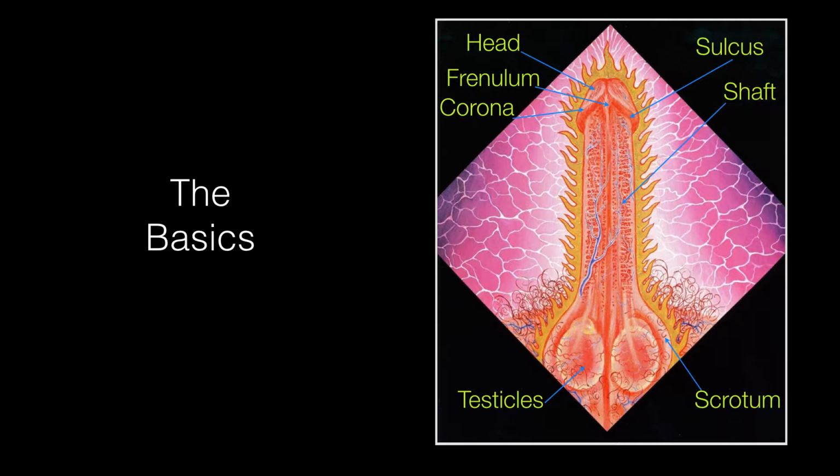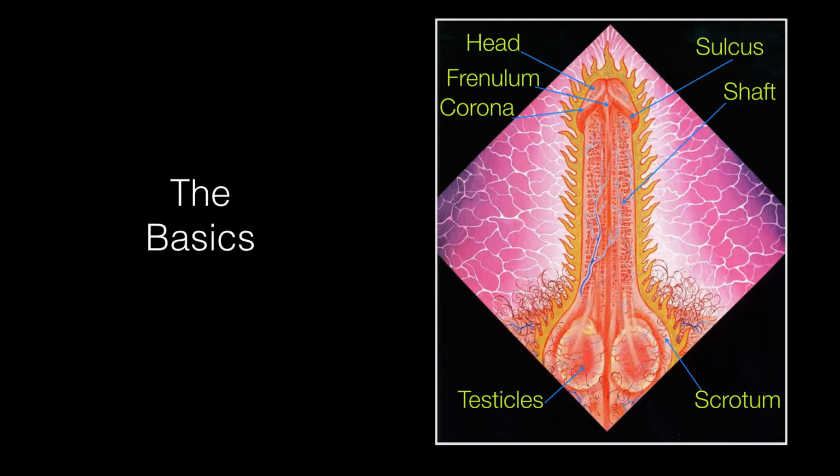Here we have the flaming cock, and you can see by its labeling, we have the head at the very top. We have the corona, which is the ridge around the head, the sulcus, which is the underneath side or the valley. And then you have the frenulum. The frenulum is that midline point that connects the head to the shaft.